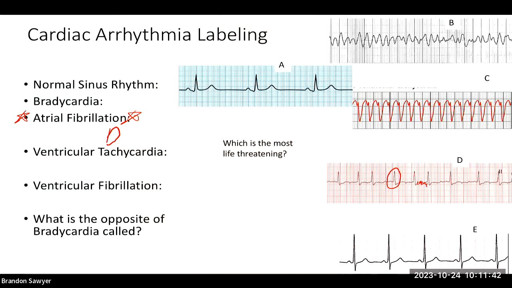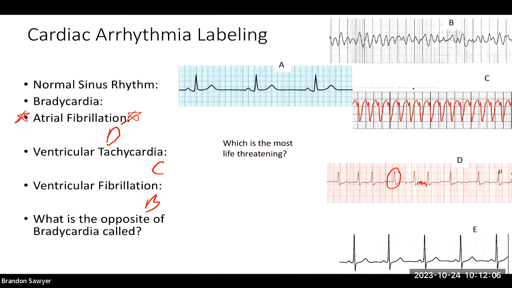What about ventricular tachycardia? Which one did you think that one was? C, right? That one still has a larger QRS complex. It doesn't look like a typical QRS, but it's still larger. Versus B, which was VFib. Which one are you most afraid of?